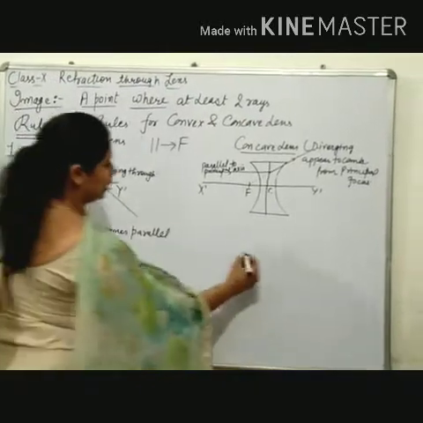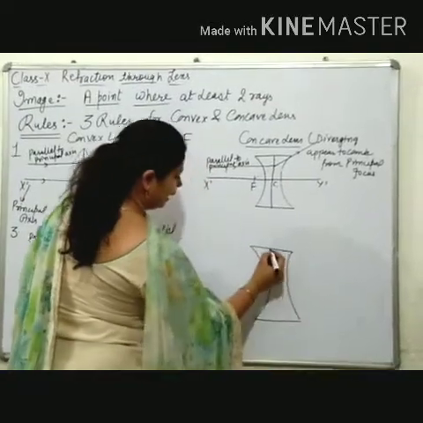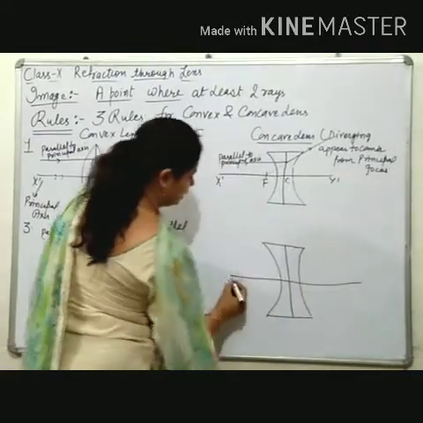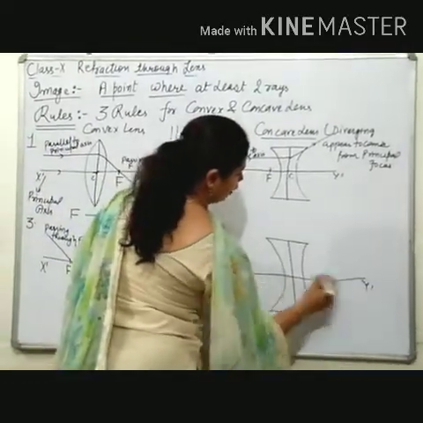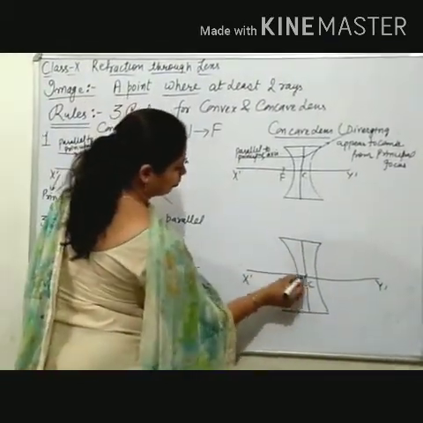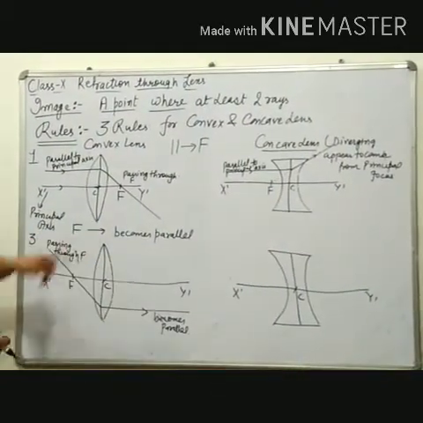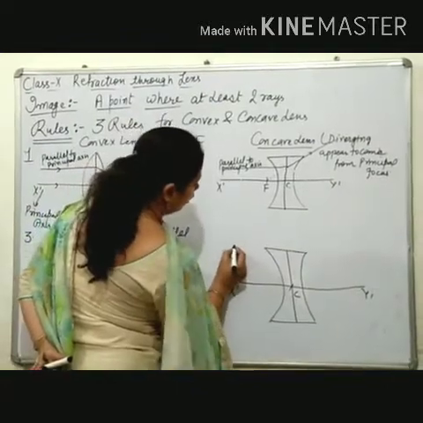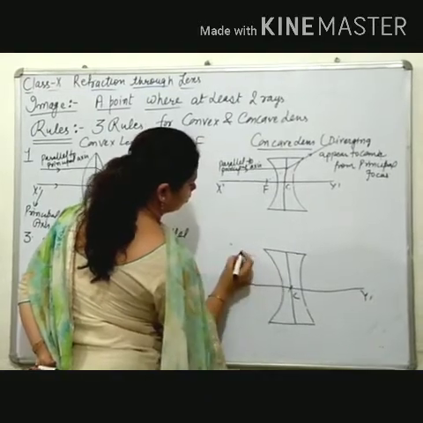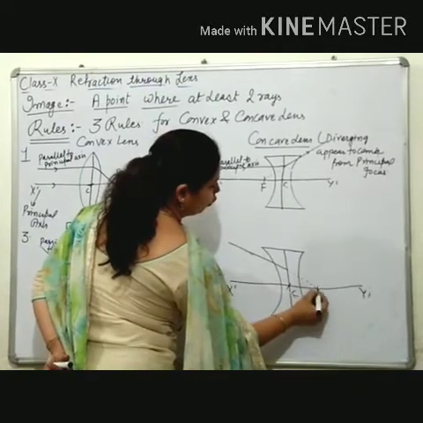Learning the same concept about concave lens. Concave lens, this is the aperture and this one is the principal axis. And this is the optical center. I told you, if a ray is passing through focus, it means if a ray which appears to pass through focus, if it goes straight, it will pass through focus.